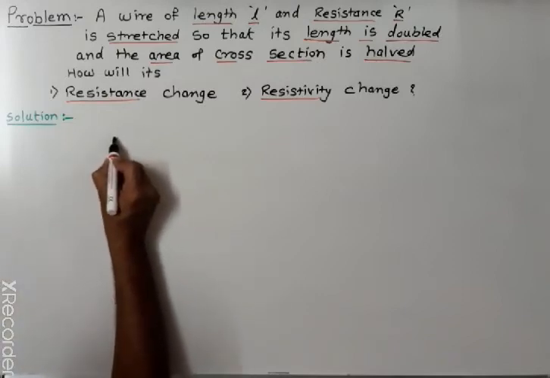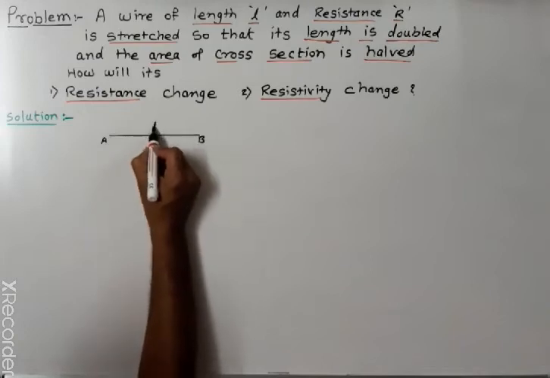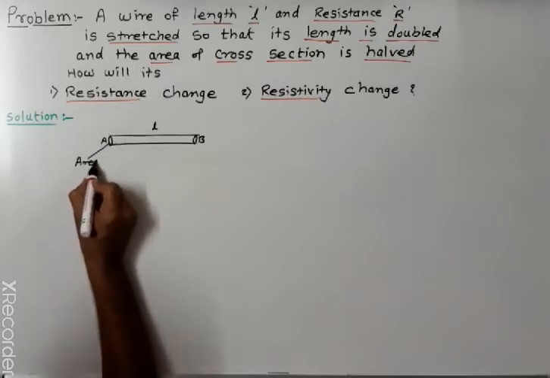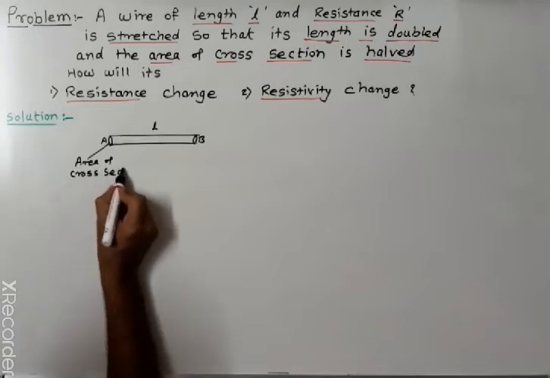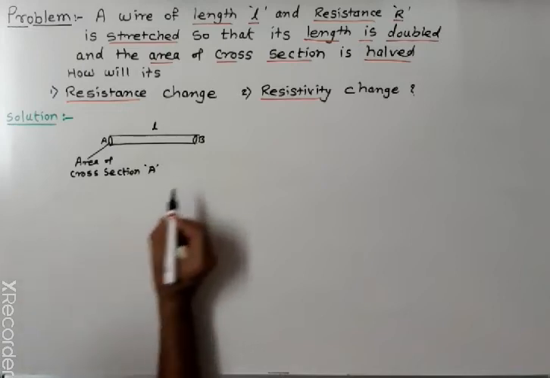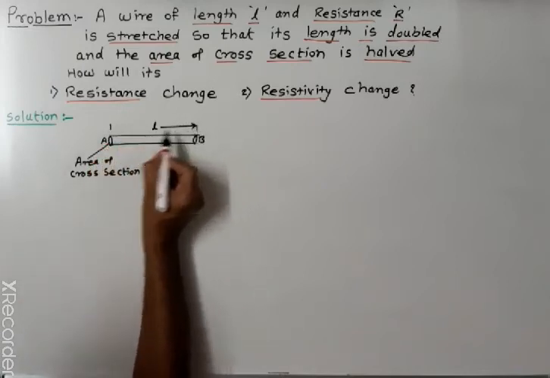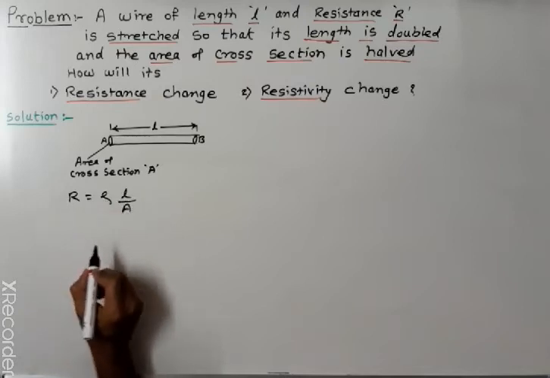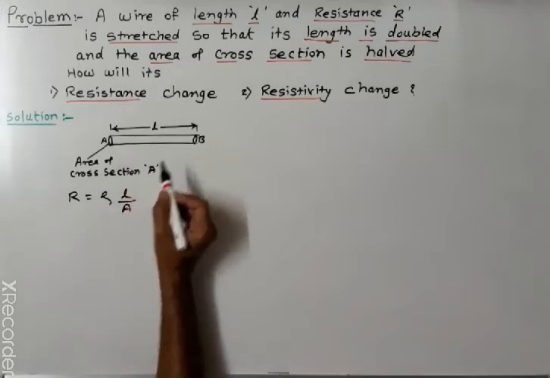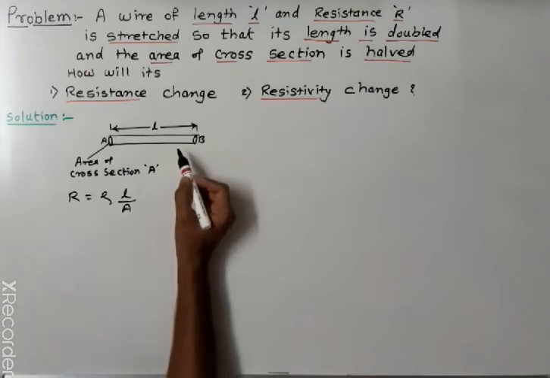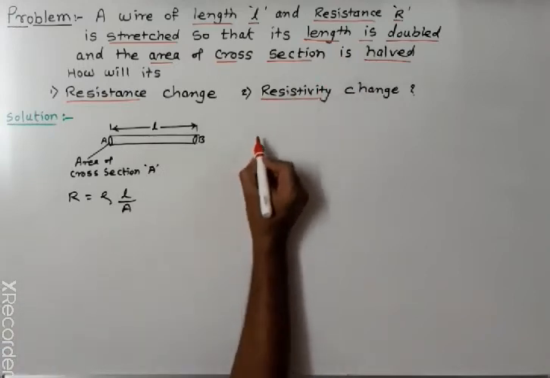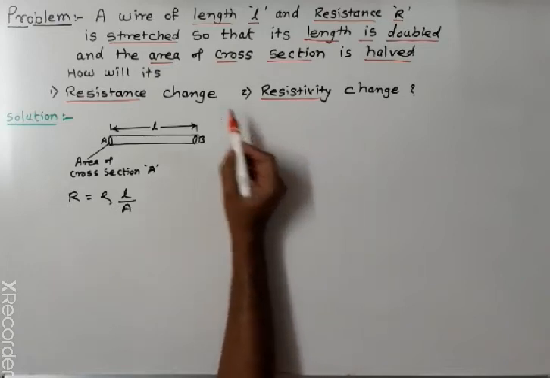Suppose I am taking a wire AB of length L and area of cross section A. Then, as we have just derived, R is equal to rho L upon A. That means whatever this conductor is made of, it has the resistance R equal to rho L upon A. Now we will see what changes if we make the length double and the area of cross section half.